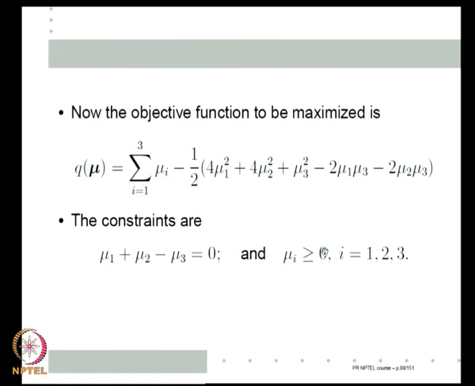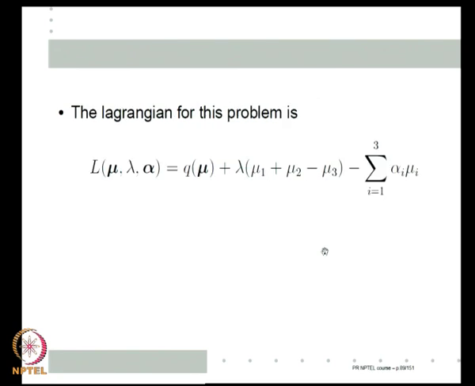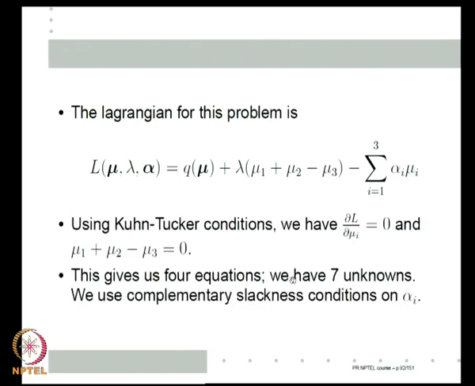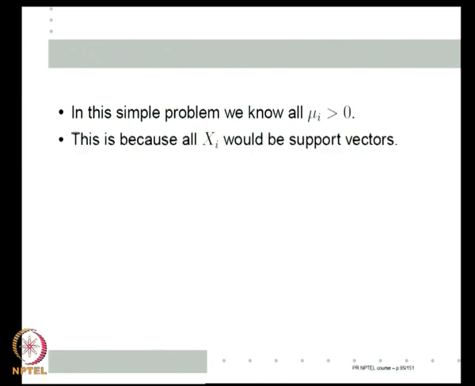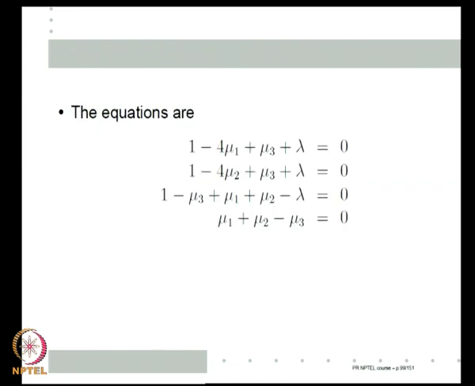And then from here I will get a lambda term, and the alphas are 0. So, roughly one can see the general structure of the equations. You can differentiate and see.